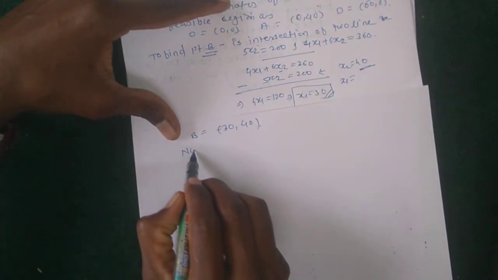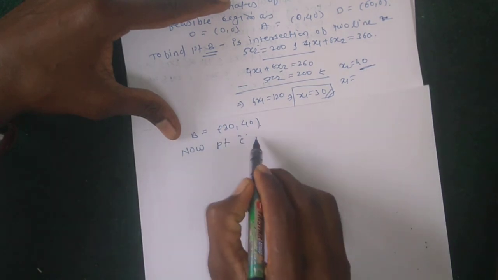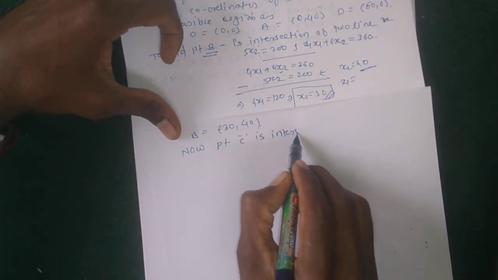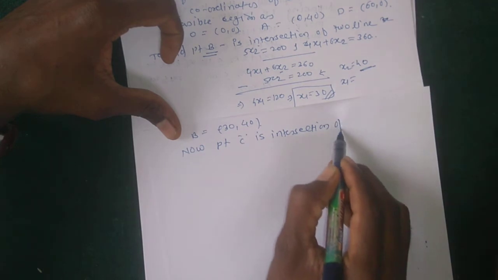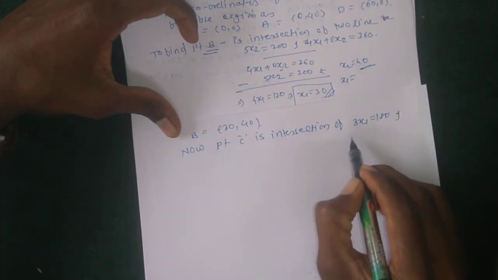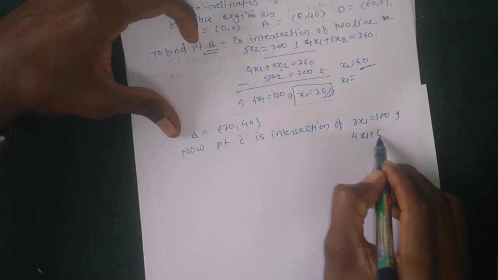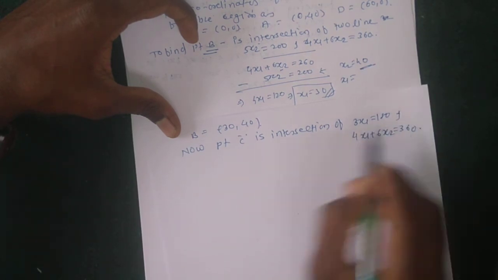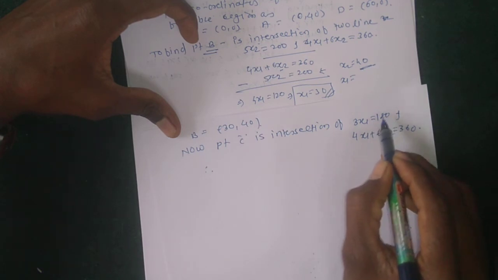Now point C is the intersection of 3x1 is equal to 180 and 4x1 plus 6x2 is equal to 360. Therefore x1 is equal to 60.